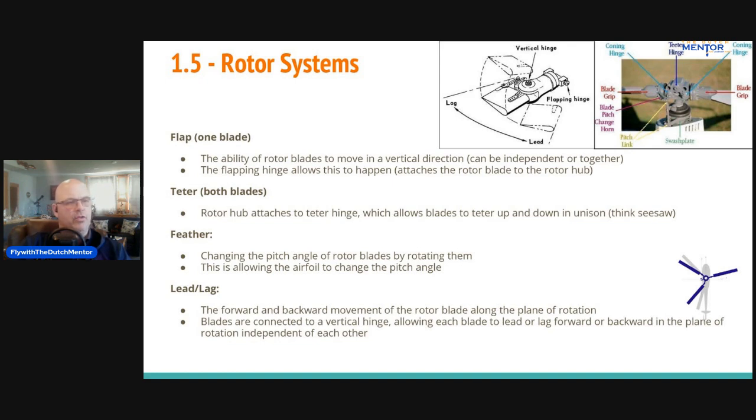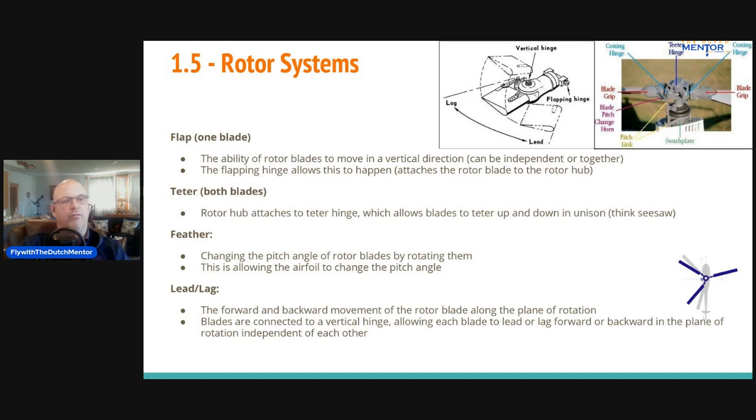The cool thing is that you have a flapping of one blade. This is done in compensation for the dissymmetry of lift. We have the teetering, where the blades go up and down. And then we have feathering, changing the pitch angle of the rotor blades by rotating them.